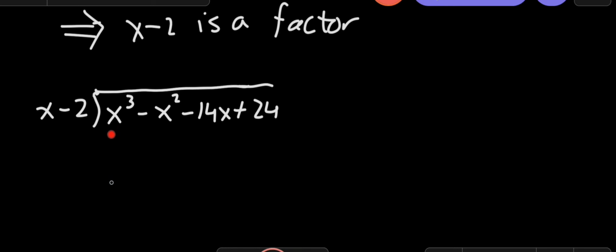So now let's work out the long division. Remember, the first step is to start with the first term of the dividend, divide it by the first term of the divisor, and write it above its respective x term to neatly have everything aligned. So x cubed divided by x is x squared.